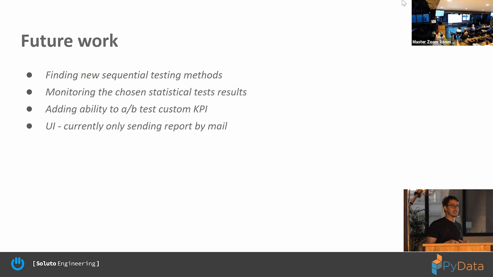Adding the ability to A/B test against custom APIs. Currently, we introduce a change and we test it against all the domain KPIs, but sometimes teams want to make sure they are not harming the main KPI, but they might also want to try to improve some specific API they have. So also the ability to add specific custom KPIs and have the system report on them.